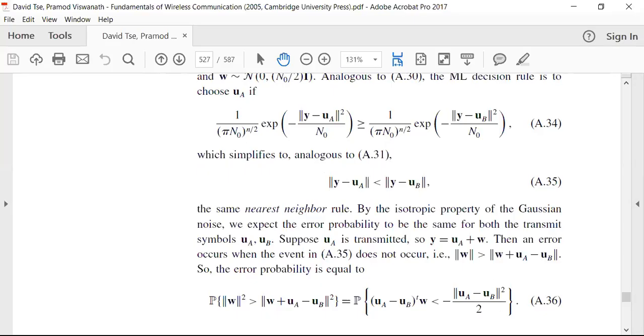If I take the square on both sides, the probability of error will be when this term is greater than this term.